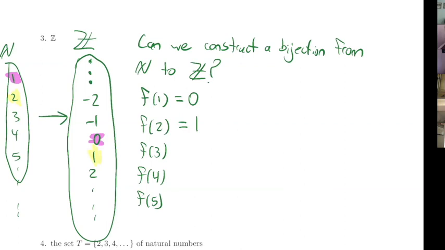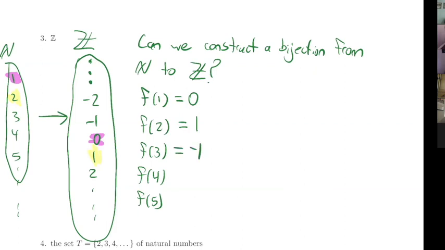Okay, and I saw that some suggestions are coming in here. So not a bad suggestion, Brandon. Thanks for that. Yeah, so there might be some idea here that I don't just want to make f of 3 be 2, and so on, because we're going to miss all of the negative numbers. So I don't just want to move down. Let's make sure that we hit these negative values.